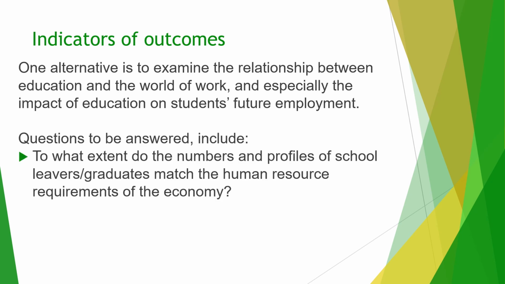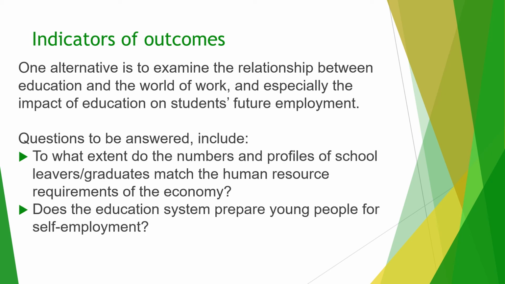And two questions that we should answer then are: to what extent do the numbers and the profiles of school leavers and graduates match the requirements of the economy, and in particular the human resource requirements of the economy? And also, does the education system prepare young people for self-employment?